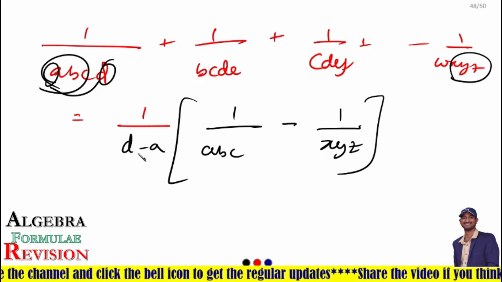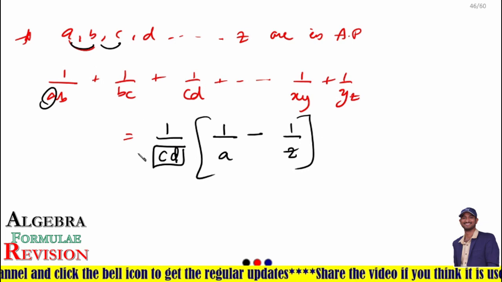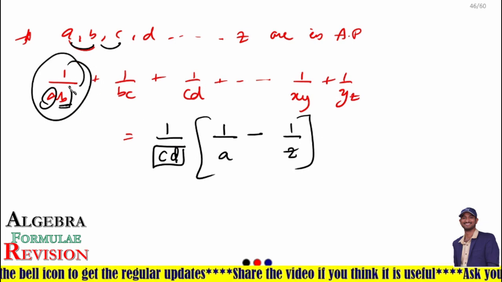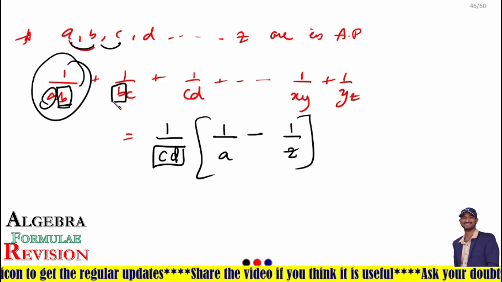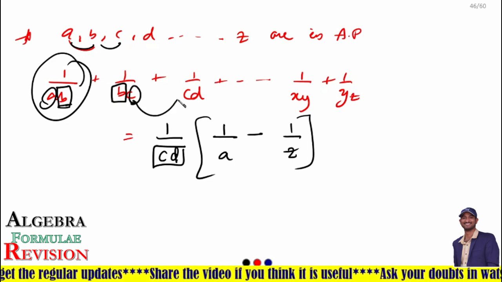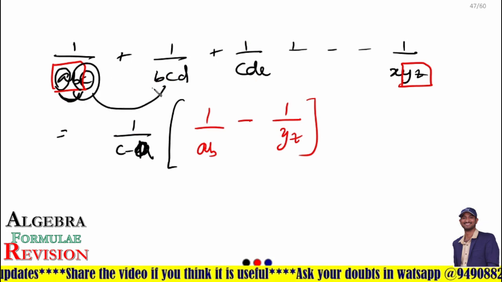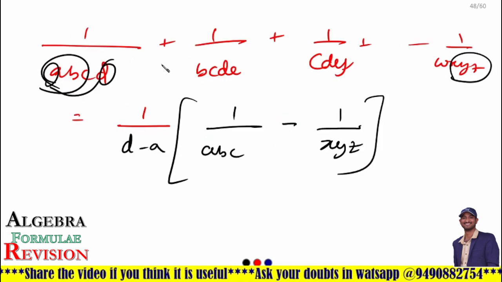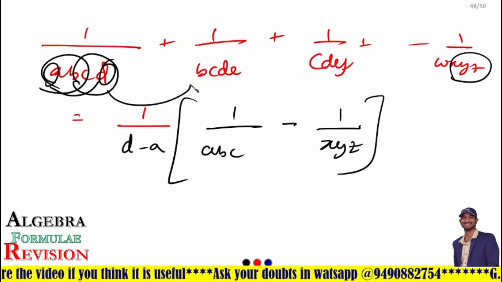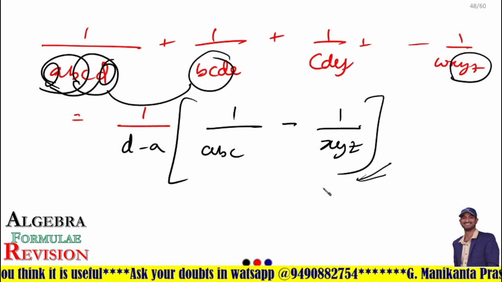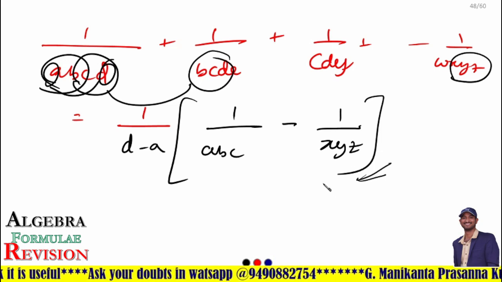But here, if you observe clearly, in the first formula the last term should be the first value. Similarly, in the second formula, the last two numbers should be the first two numbers. And in the next case, the last three numbers should be the first three letters. Then only these direct formulas are applicable.